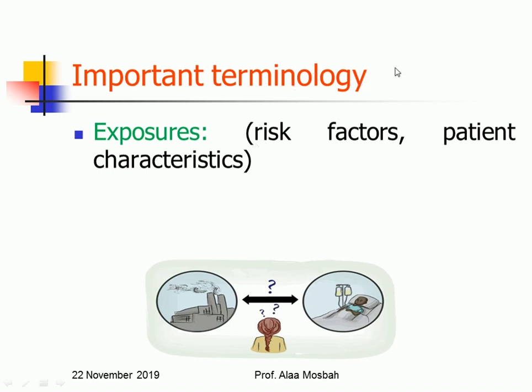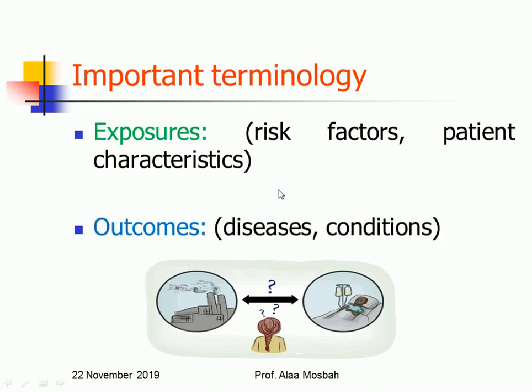So risk factors or patient characteristics, this is the exposure. So the terminology of exposure is clear now. What about the outcome? These are the diseases or conditions. As we said in the picture, this is the disease following the exposure to air pollution. So diseases.